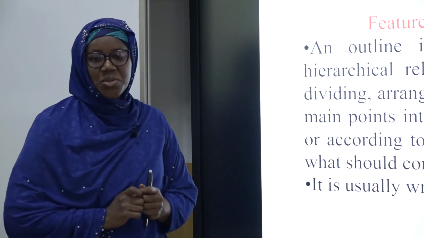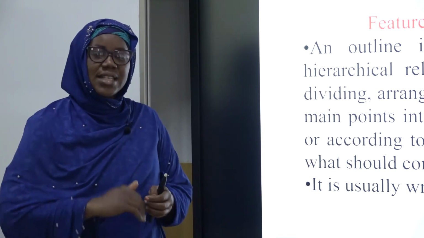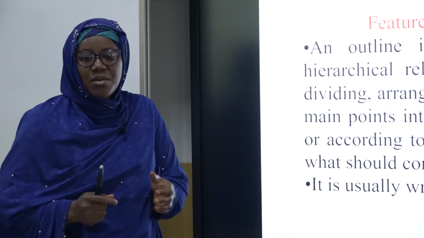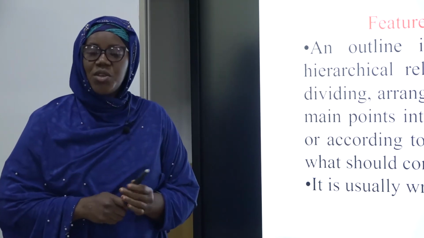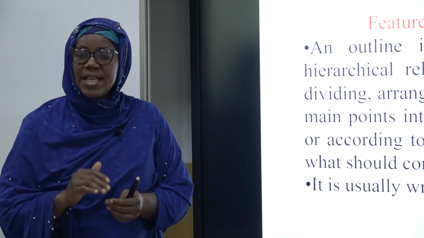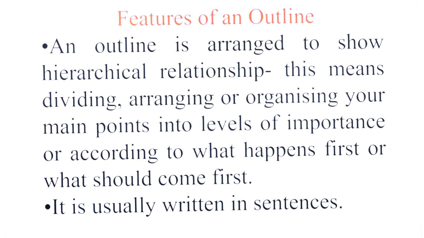Give us the name of your school, maybe then the location, the types of subjects you offer. You don't start from, I studied English studies, mathematics in my school. No. Give us the name, where it's located, why you like your school. You arrange them in hierarchical order.